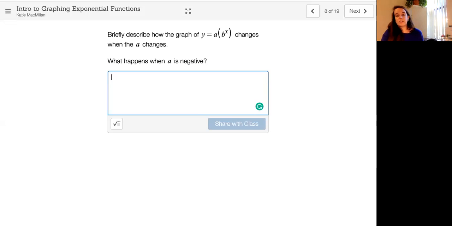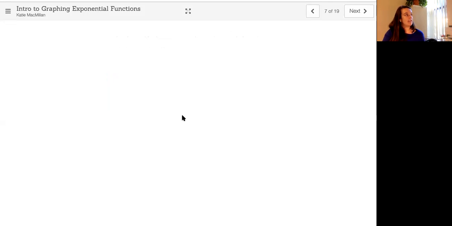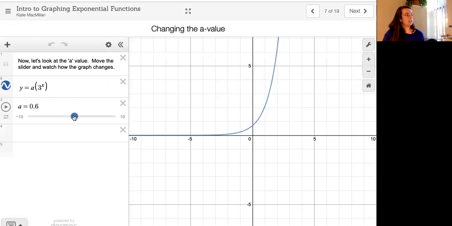So this next question asks what happens when A is negative. What happens when A is negative? So when I go ahead and change A to a negative number, I see that it flips over to the bottom.